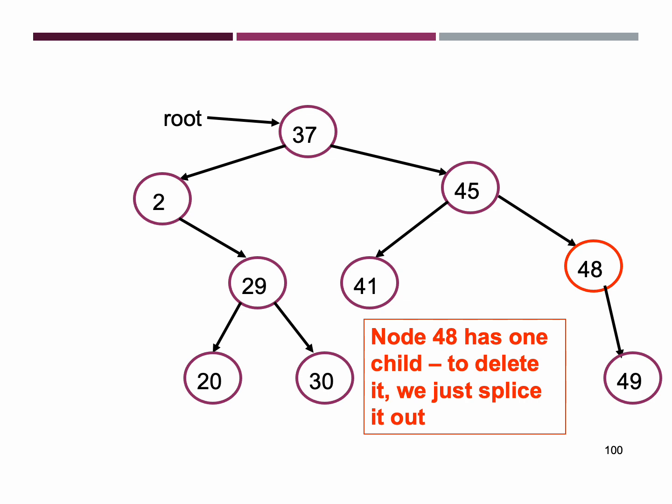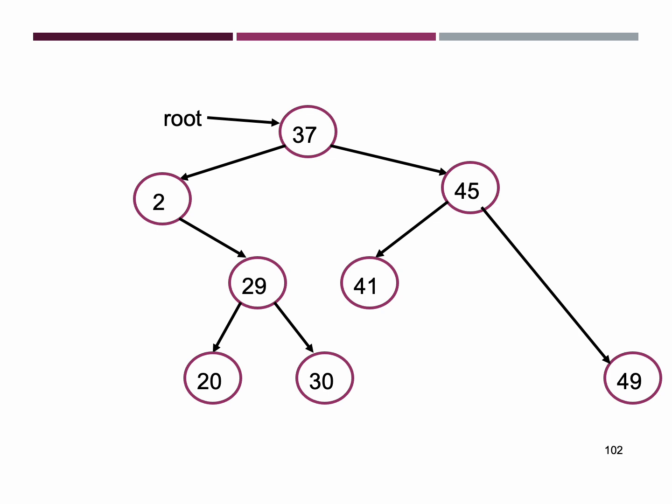Now node 48 has one child, which is 49. To delete it, we just splice it out. We replace the parent 48 with its child 49. So when you delete 48, 49 will be in its place like that.